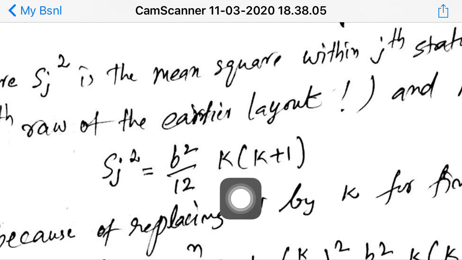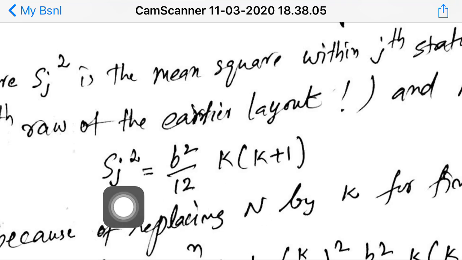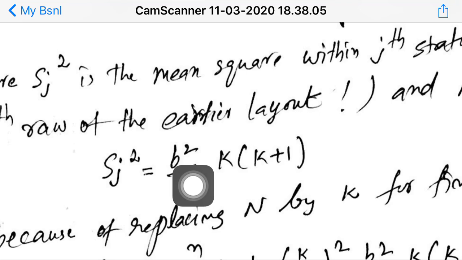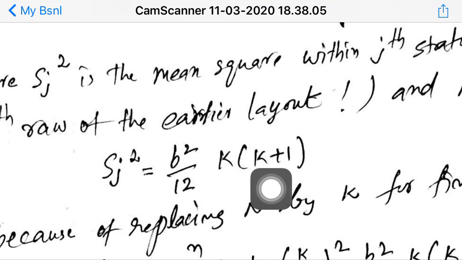That I have illustrated in our annexure. You may please go to the annexure. Okay, I will just go to the annexure again. And in that case, you will see that this Sj square can be computed as b square divided by 12 into (k plus 1). I will explain this.